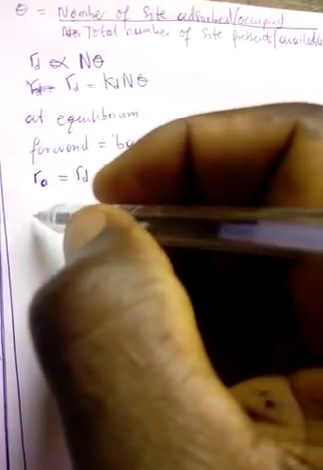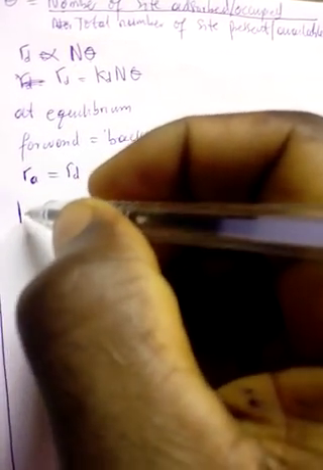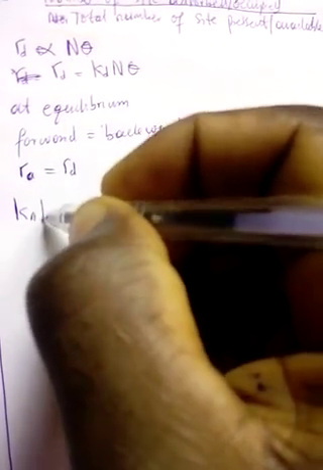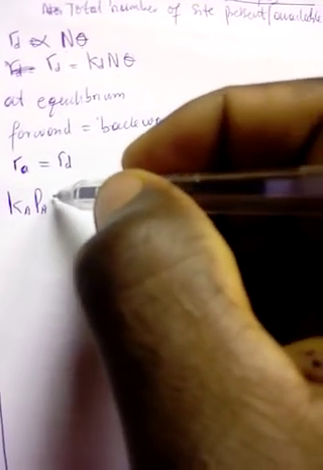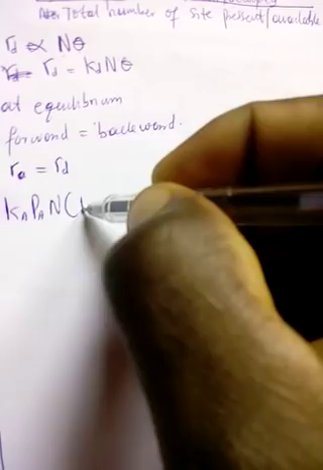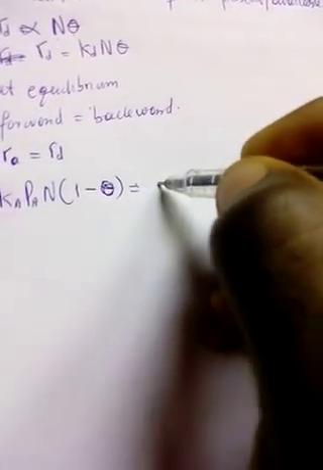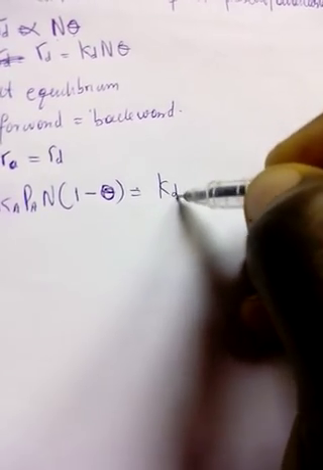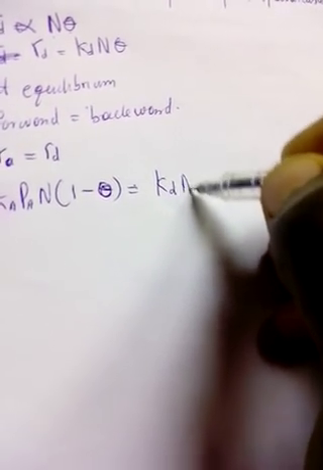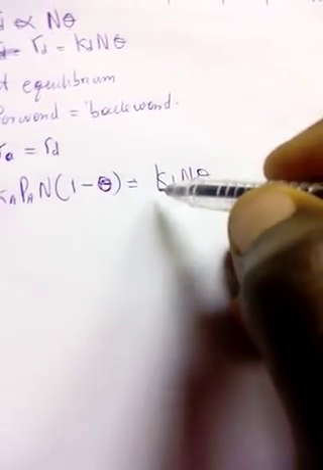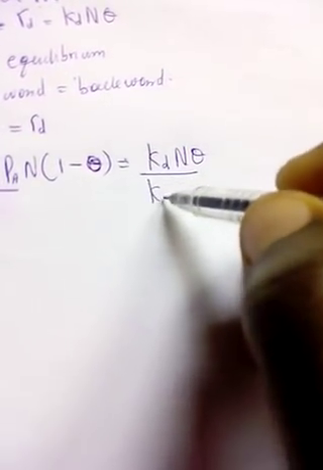Therefore Ka PA N into bracket 1 minus theta equals Kd N theta. So we can divide both sides by Kd.